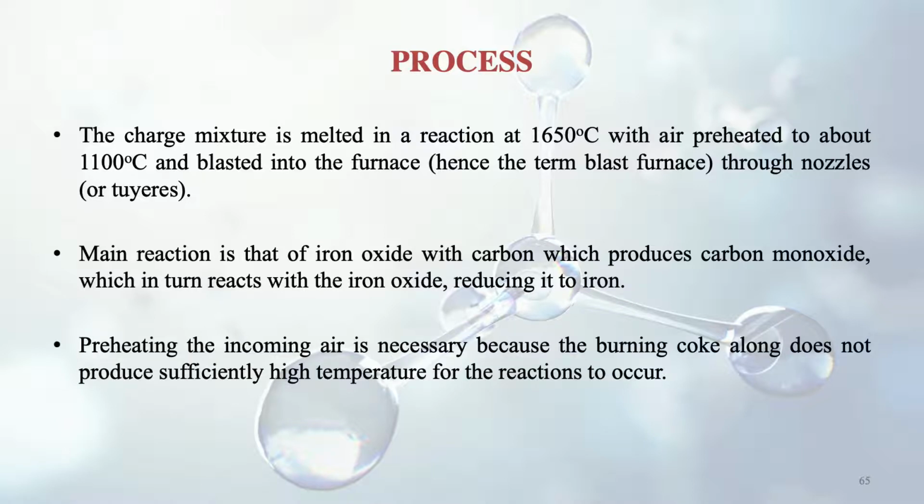Preheating the incoming air is very necessary, because the burning coke alone does not produce sufficiently high temperature for the reactions to occur. So if the preheated air is not there, then this reaction will take a larger time, because sufficient temperature is not reached.